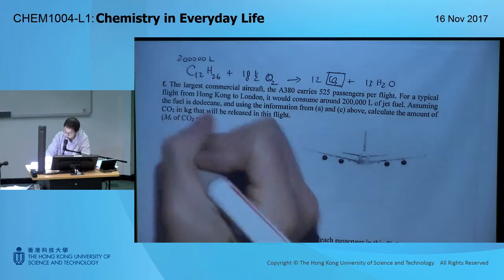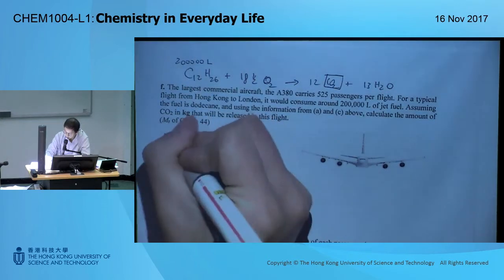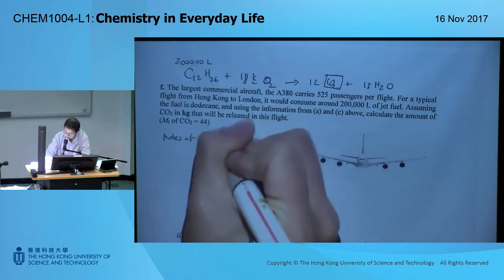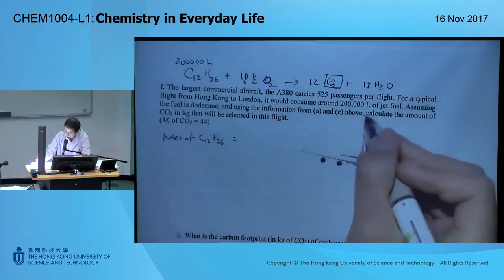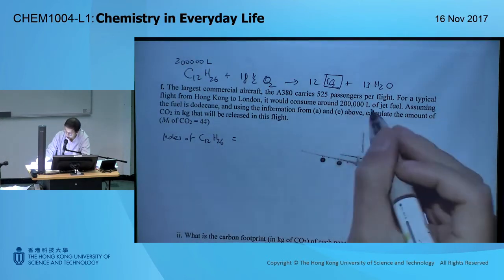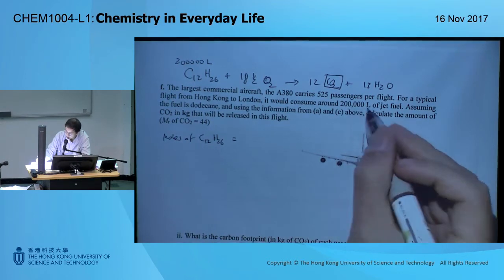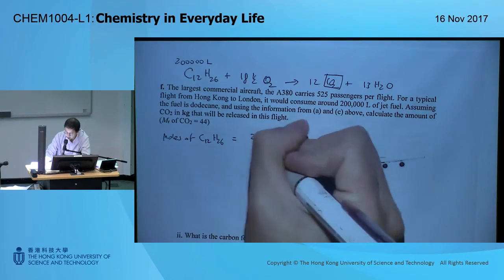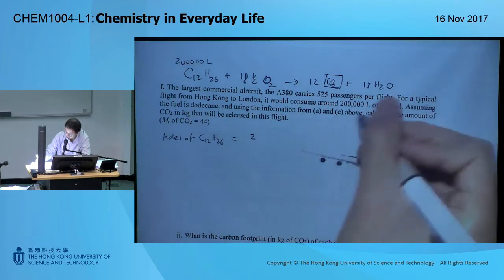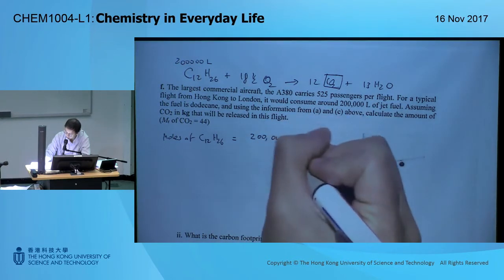First we need to know the moles of dodecane. In this case, we don't work it out by mass, because we already know the relationship that 1 liter of dodecane contains 4.4 moles. So we need to multiply this by 4.4 moles.